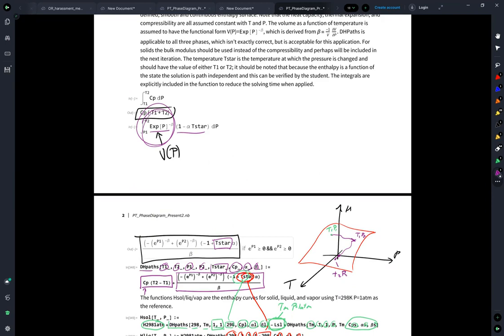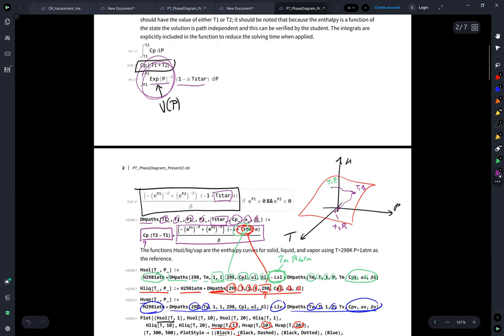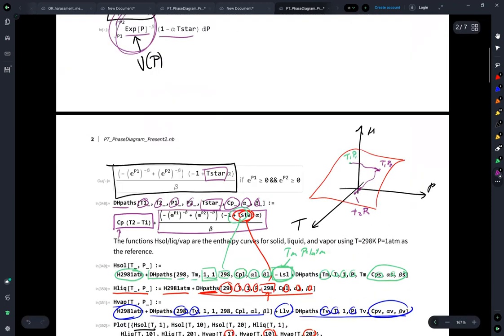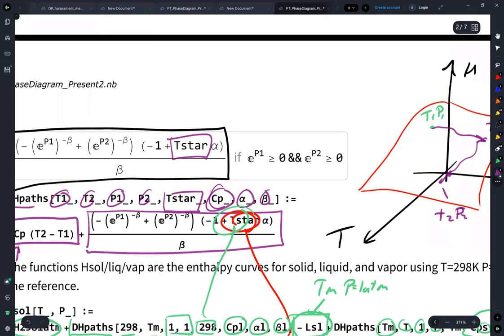But to really get curves that are meaningful, the heat capacities, thermal coefficient expansions, and your compressibility or bulk modulus are going to have a temperature and pressure dependence.